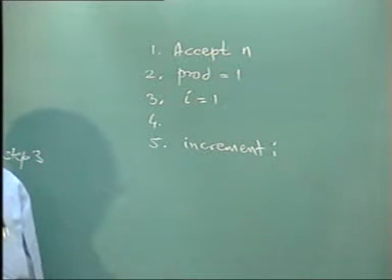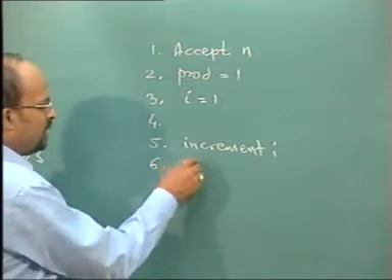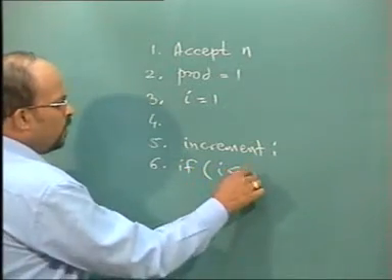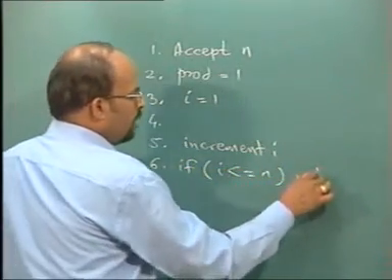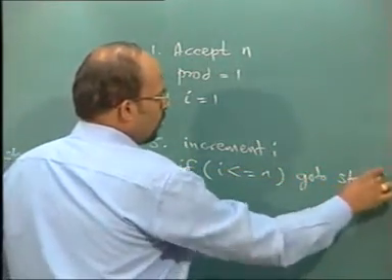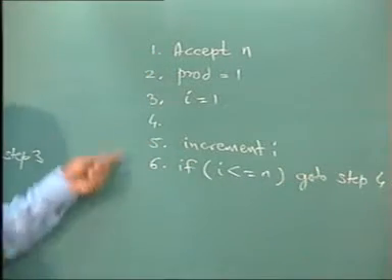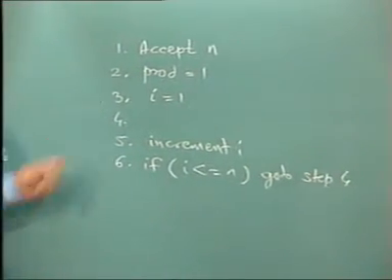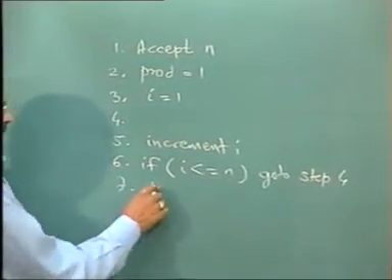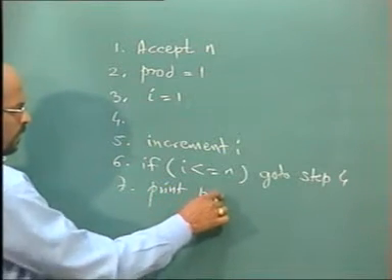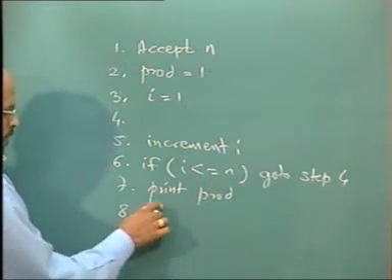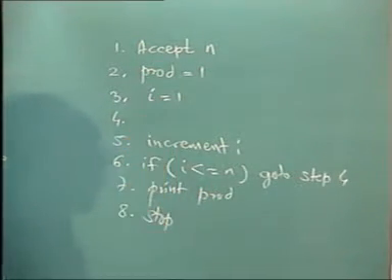N times. That means you will write a condition that if I is less than or equal to n, go to step 4, not initialization again. Then it will be the same step, print product. Stop. Question is what this should be.